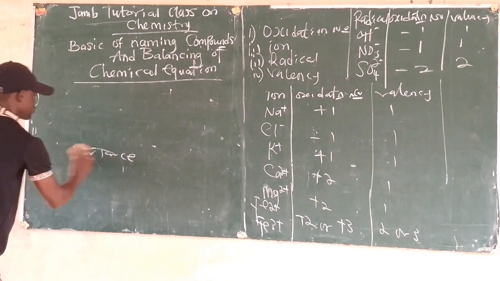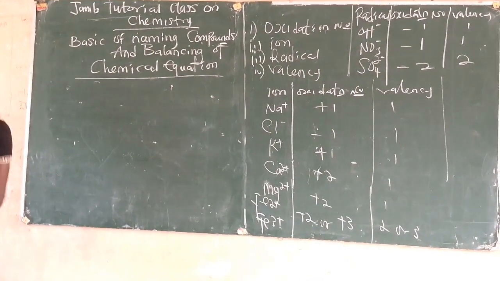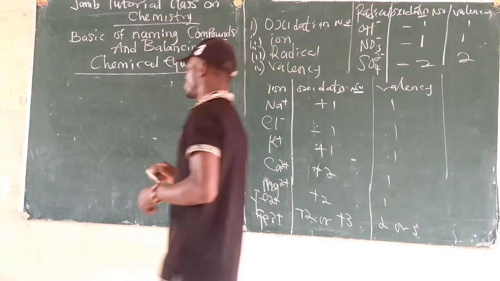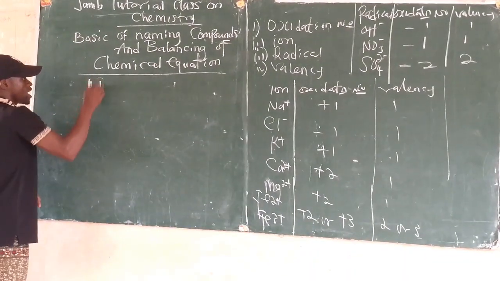So now, we're coming down to IUPAC. This is a very simple and easy system of naming compounds in chemistry. It's known as IUPAC.